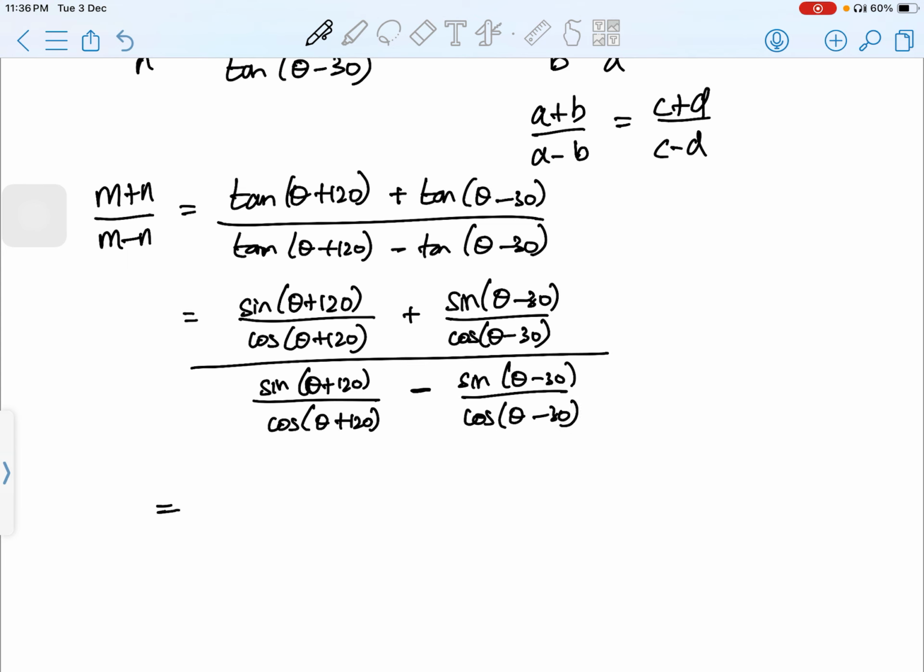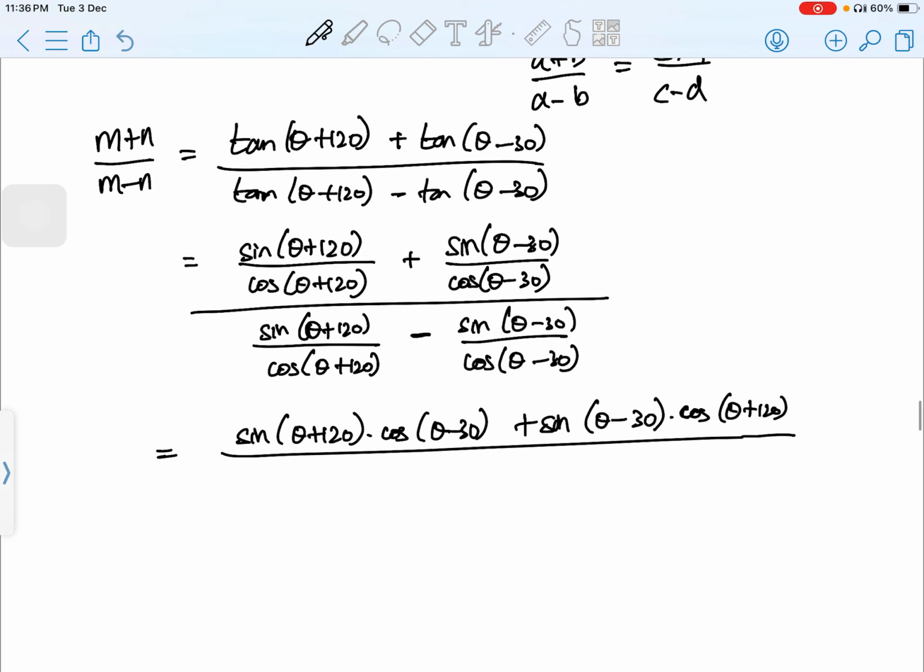If you cross multiply and take LCM, sine of theta plus 120 into cos of theta minus 30 plus sine of theta minus 30 into cos of theta plus 120, that is sin A cos B plus cos A sin B, divided by what you will get?